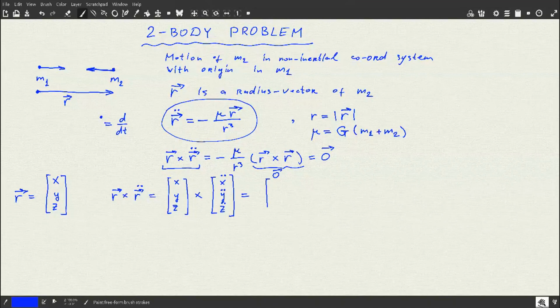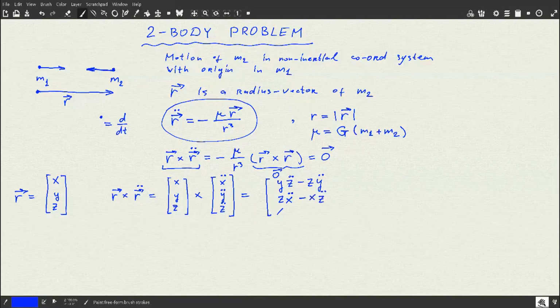So let's see what we have here. We have again a three-dimensional vector. For the first component, you remember what we would get? We would get y z double dot minus z y double dot. For the second one, it is not xz but the other way around, z x double dot minus x z double dot.